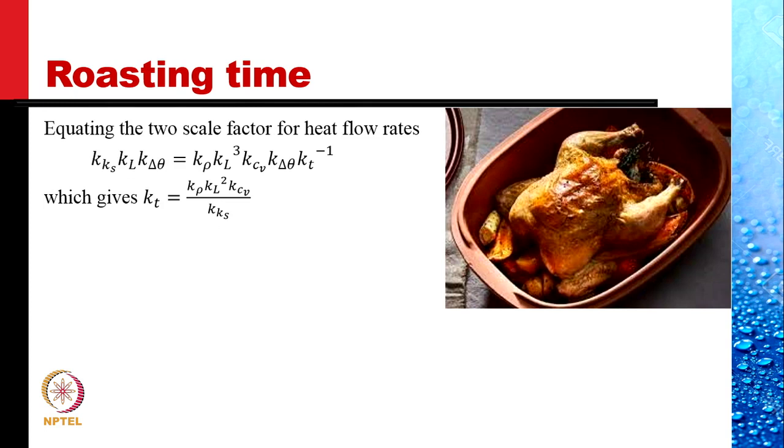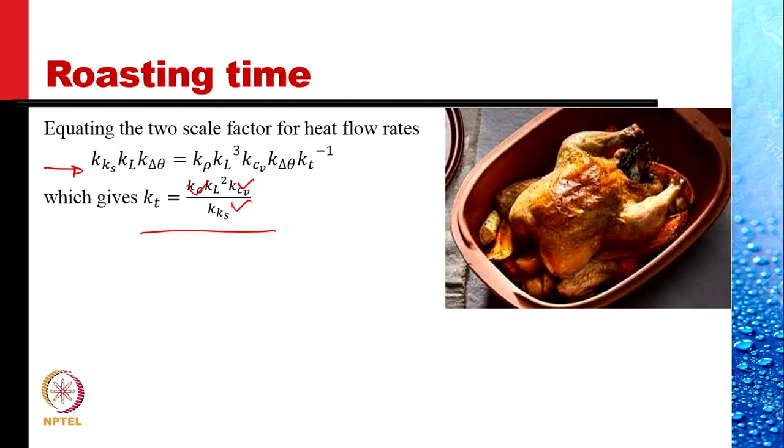Equating the two scale factors for heat flow rates, we get this relation which gives us the time scale factor as this. We can very reasonably assume that the density of the chicken meat, the specific heat of the chicken meat, and the conductivity of the chicken meat would be the same. That is K rho, K Cv, and K, the scale factors for these quantities would be equal to 1, being the same material.